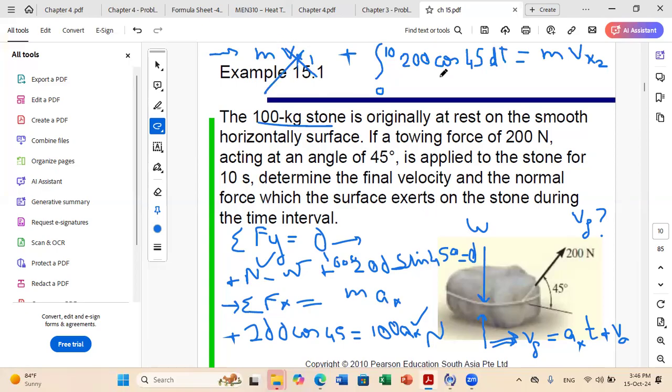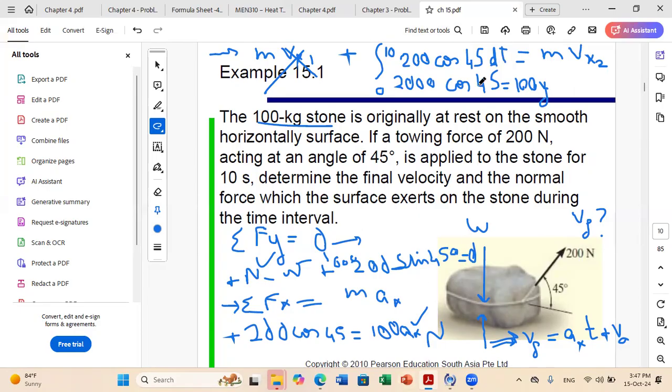Since our force is constant, the integration will give us 200 times cosine 45 times delta t, which is 10. So 2000 cosine 45 equals to m times V final. So equal to 100 times V final. And we solved for our velocity. We are done. Okay, so instead of using two equations, we just did it with one equation.